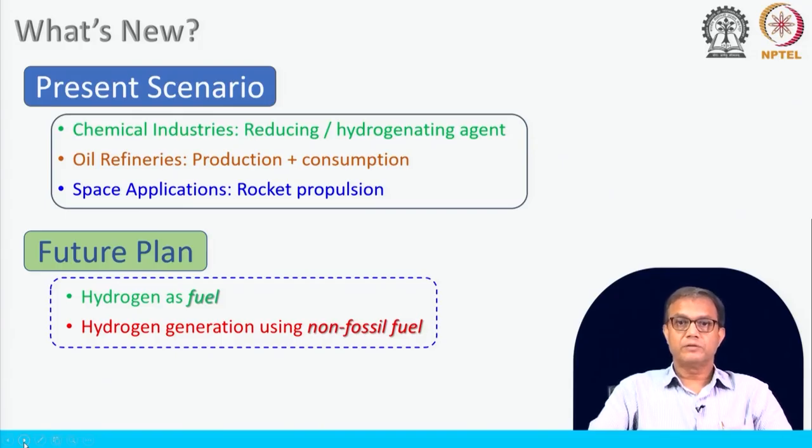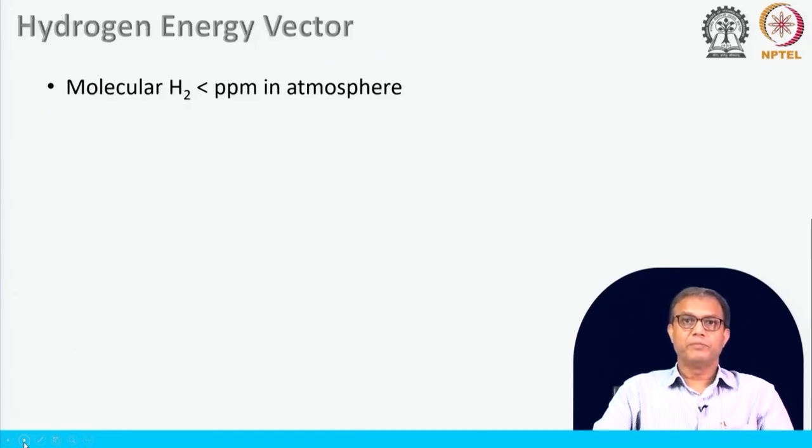When we are talking about generation of hydrogen from non-fossil sources, is hydrogen not available freely in air or in the atmosphere? The answer is no. We do not have hydrogen available in air; rather, it is available at ppm level.